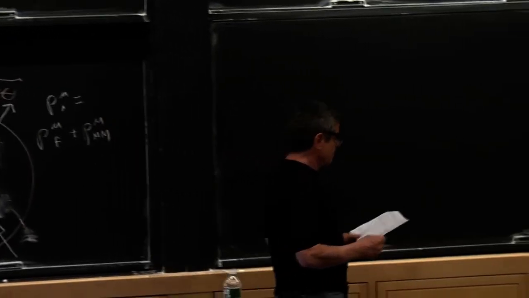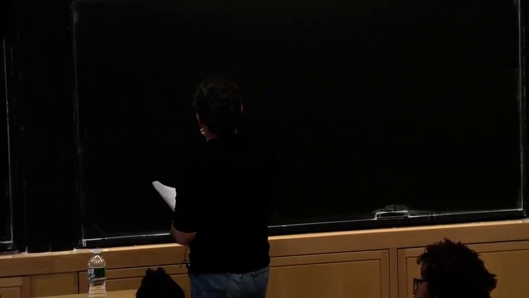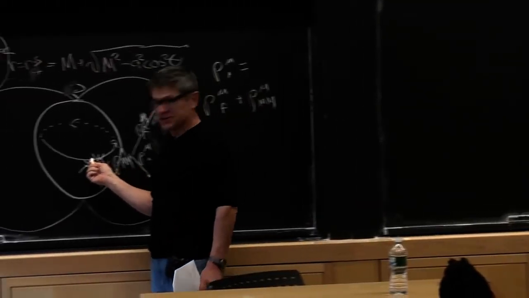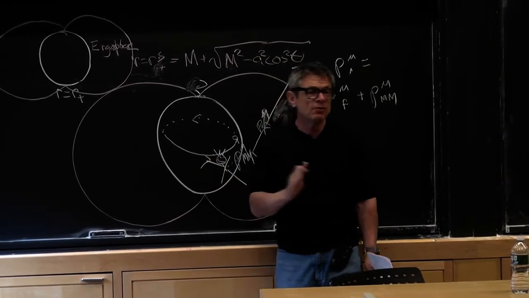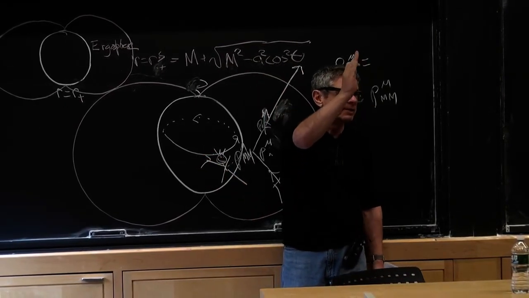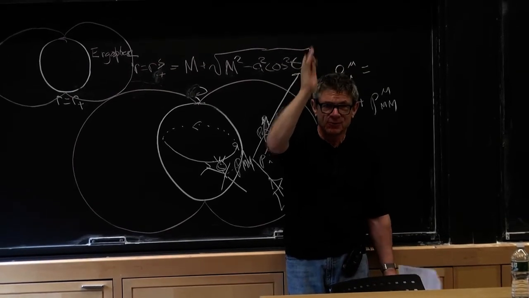So now, here's the key observation. When Matthew McConaughey crosses the event horizon, he will be moving on a future-directed trajectory in the forward light cone.